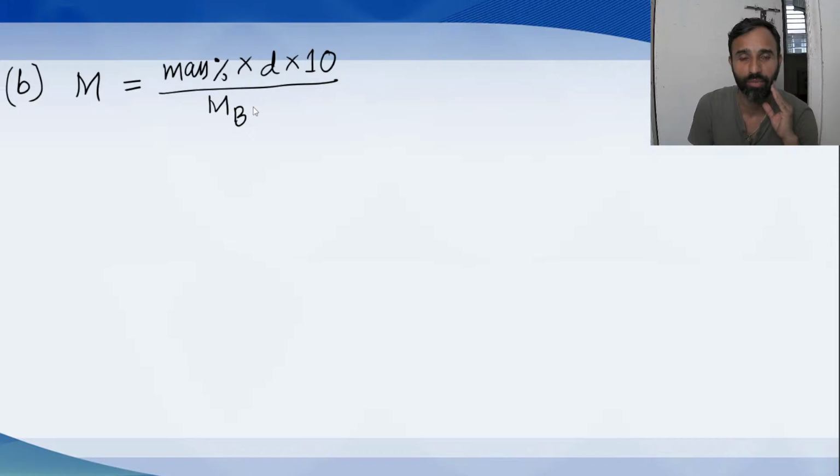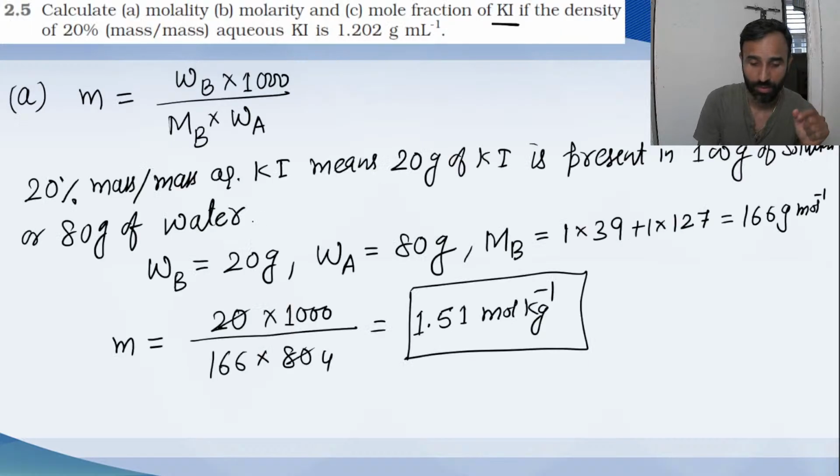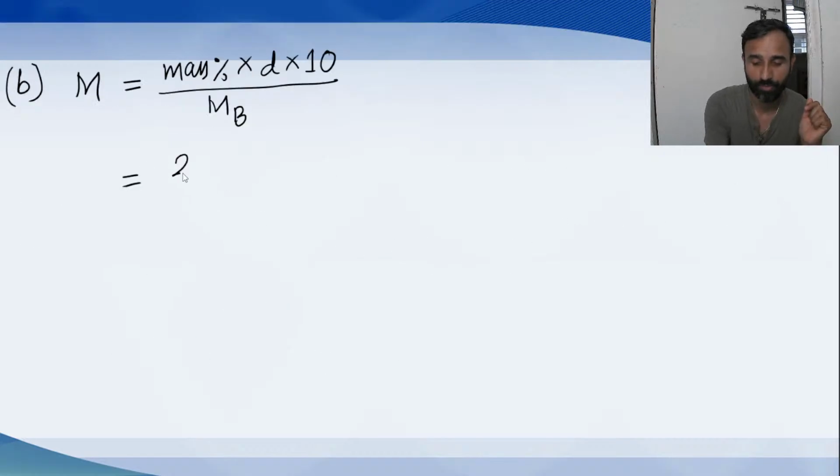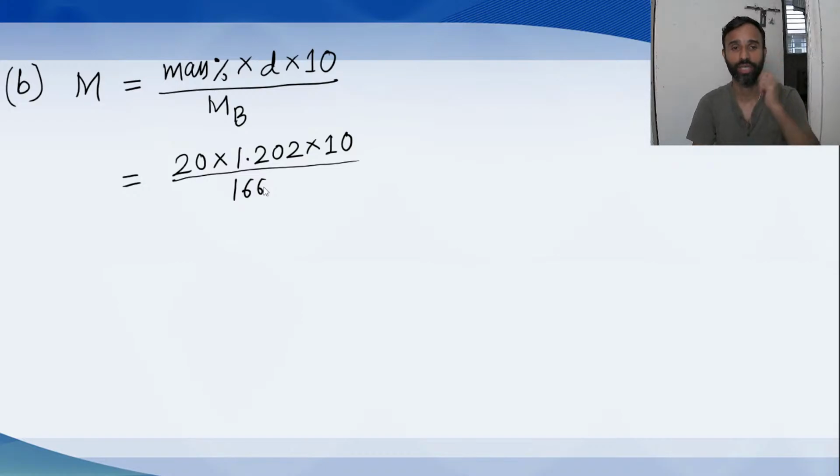Calculate molarity of the solution in terms of mass percent and density. So mass percent is given, 20. Density is also given, that is 1.202, into 10 divided by 166.